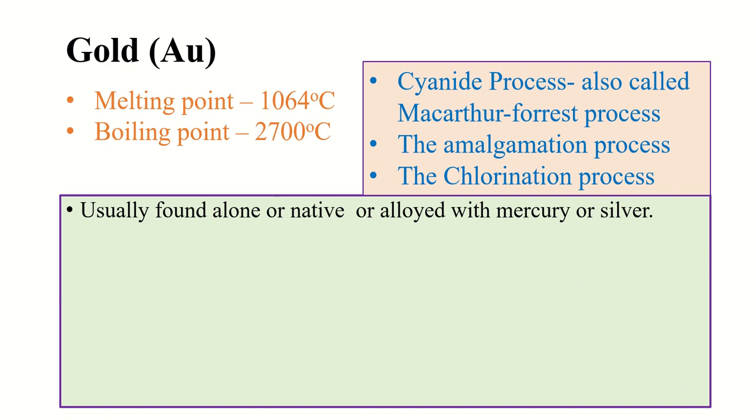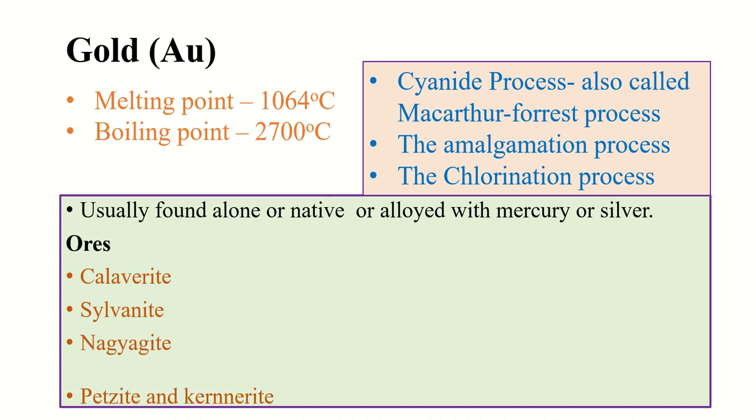It is usually found alone in the native form or alloyed with the mercury or silver. There are also important ores: calaverite, sylvanite, nagyagite, petzite and krennerite. These are the important ores.